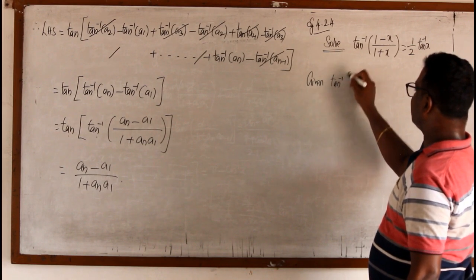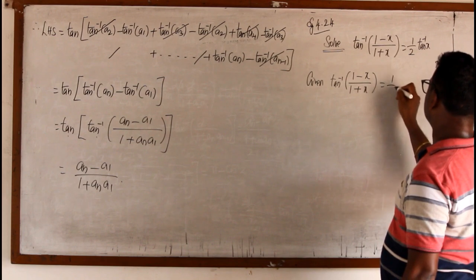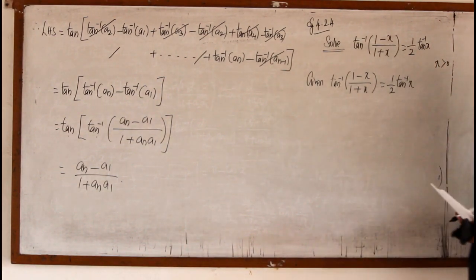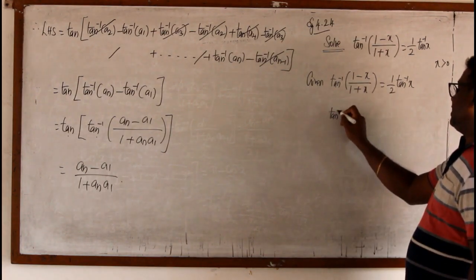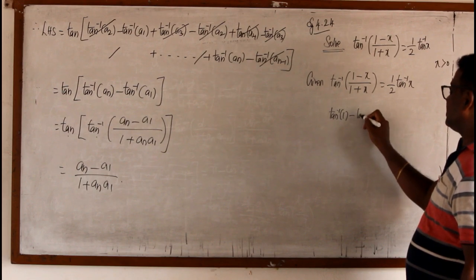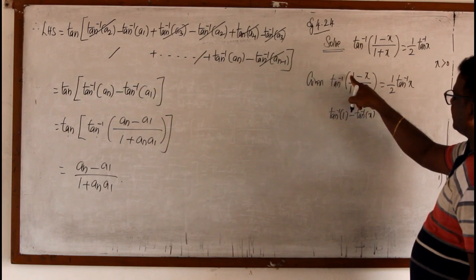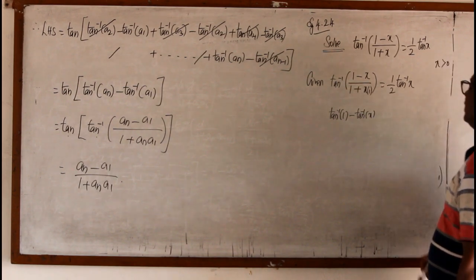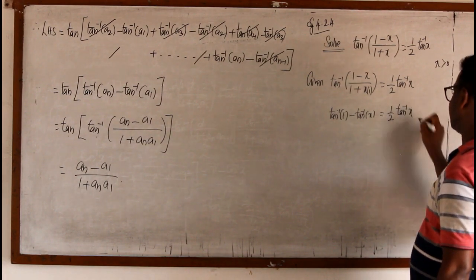So this is given: tan inverse of (1 minus x) by (1 plus x) equal to 1 by 2 tan inverse of x. This is nothing but tan inverse of 1 minus tan inverse of x, because it is the formula tan inverse of (x minus y) by (1 minus xy) with x as 1, which is equal to half into tan inverse of x.